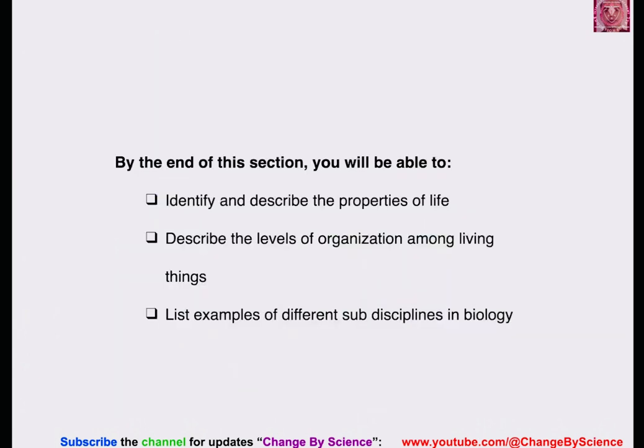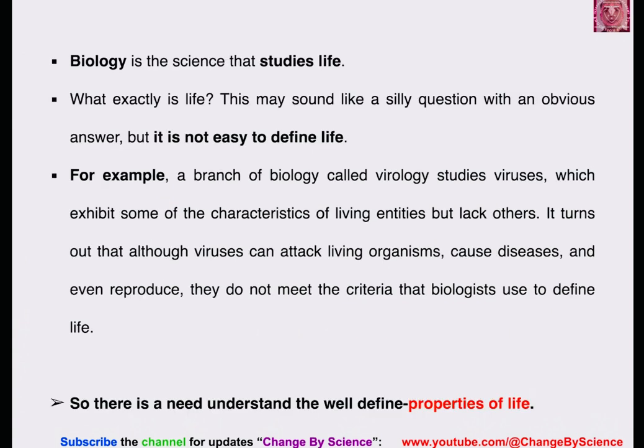By the end of this section, you will be able to identify and describe the properties of life, describe the levels of organization among living organisms, and list examples of different subdisciplines of biology. So basically, biology is the science that studies life or living organisms. What exactly is life?